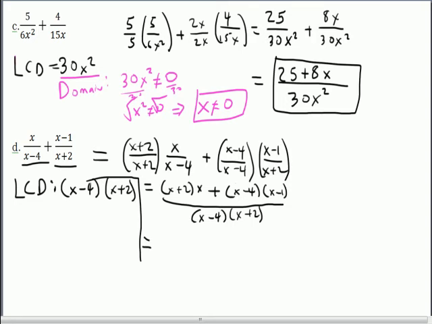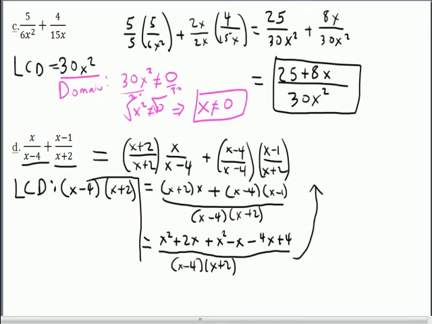So let's distribute the x for this first term. That'll give us x squared plus 2x. With the second term, I'll FOIL that and get x squared minus x minus 4x plus 4. And just keep on bringing down that denominator, (x minus 4) times (x plus 2).